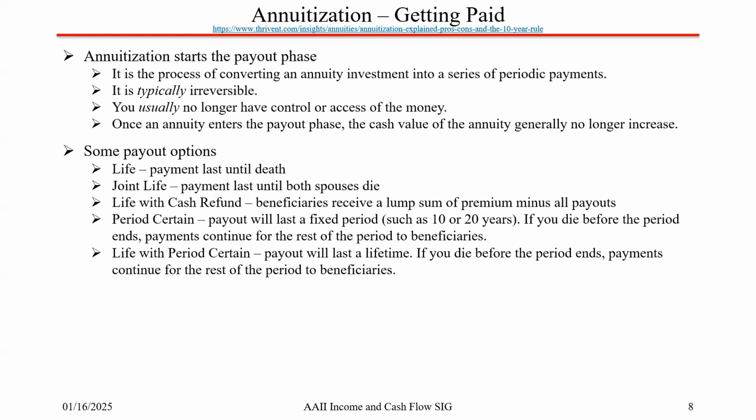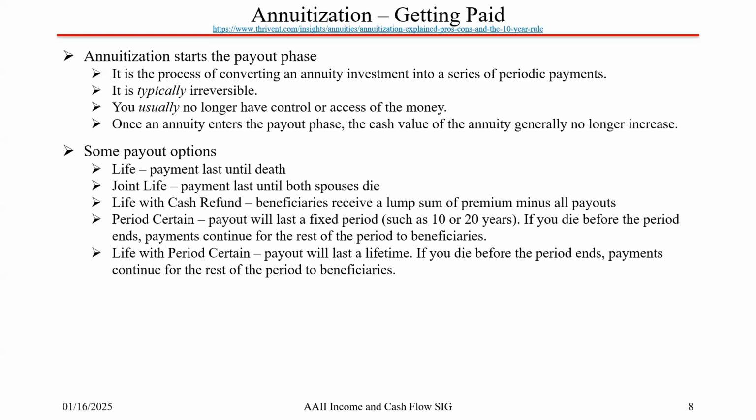There's a thing called life with cash refund. Your beneficiary receives a lump sum, the premium you paid minus all the payouts you received. So with this option, if you took it for a long time and you die, there may not be any money for your beneficiaries. There's a thing called period certain.